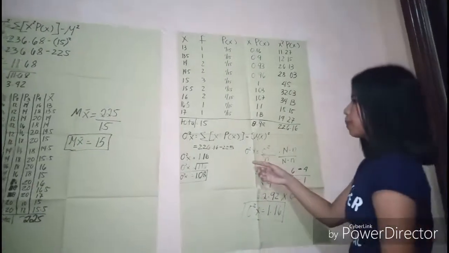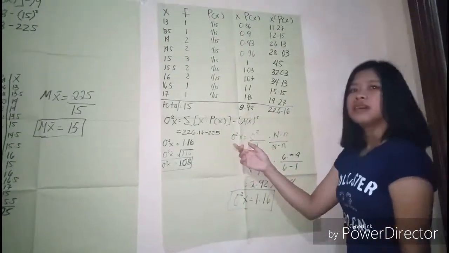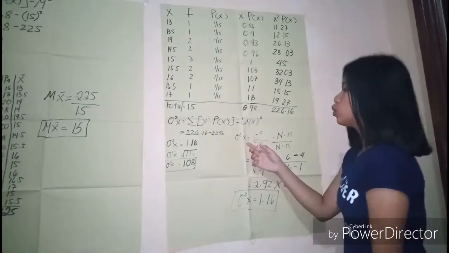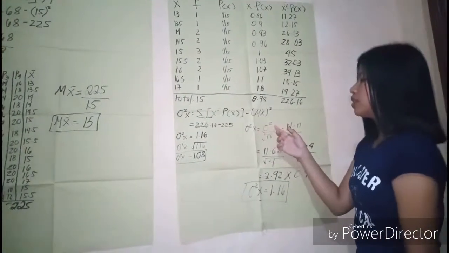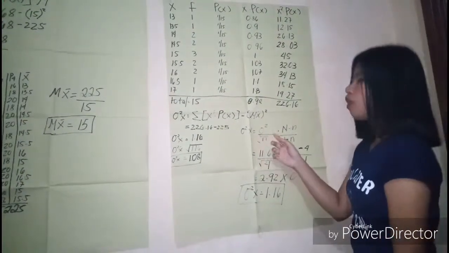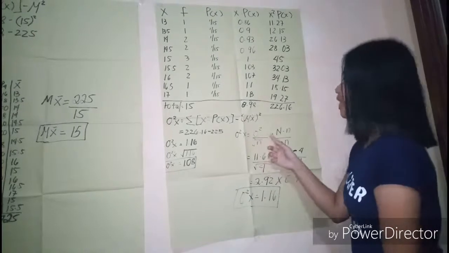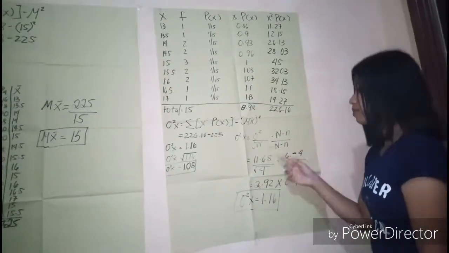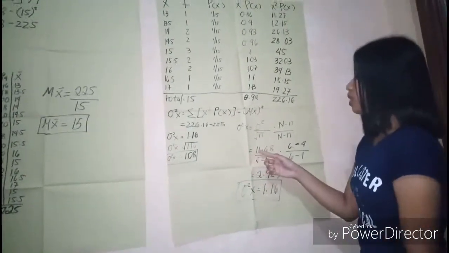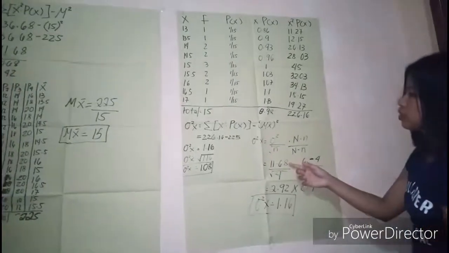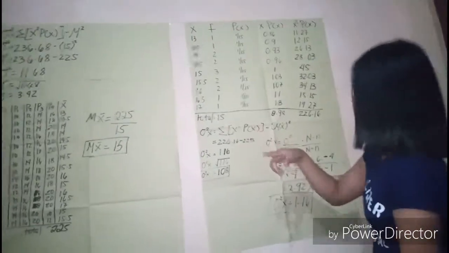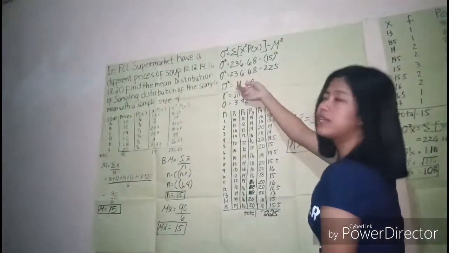Then, sample variance equals to population variance divided by square root of total population times the sample size equals 11.68. Nakuha natin siya dito sa population variance.